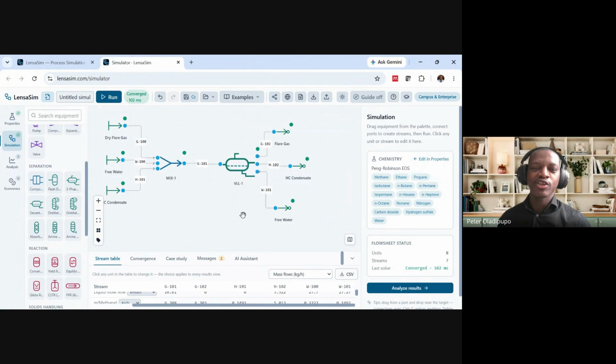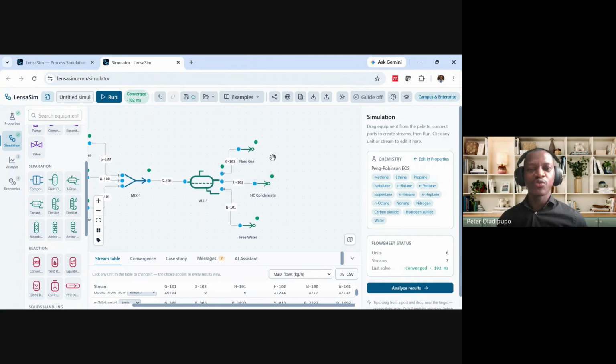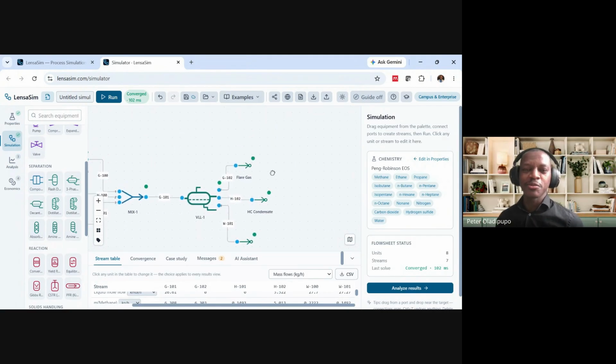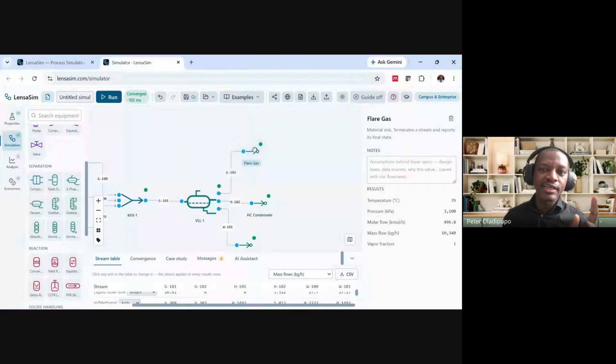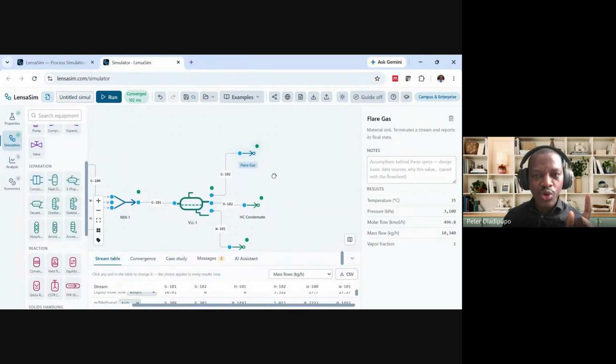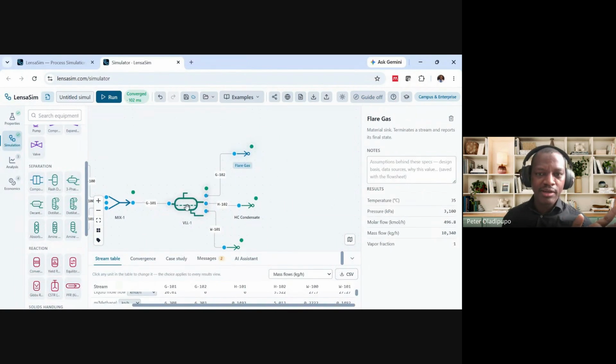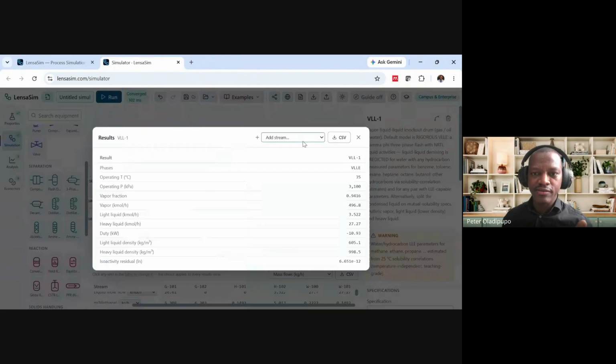All right. So with this, we've essentially separated the solid and liquid phases away from the gas phase. So the flare gas now is entirely a gas stream. There's no liquid, and we'll confirm that by looking at the phase of G102.